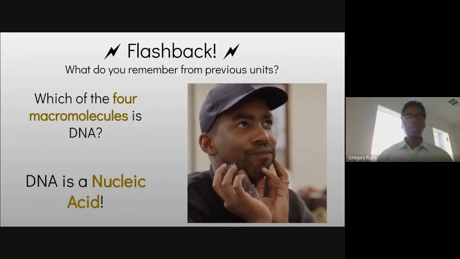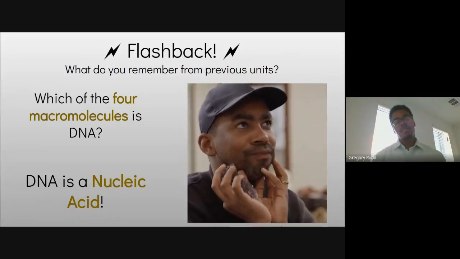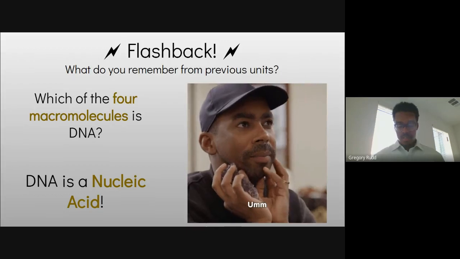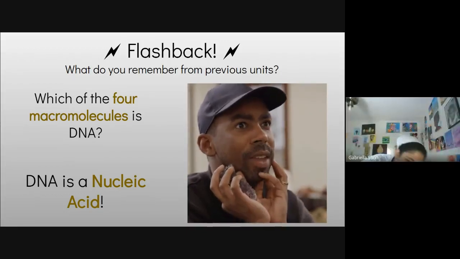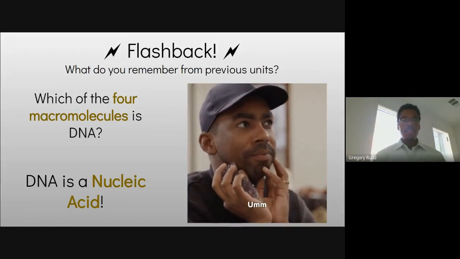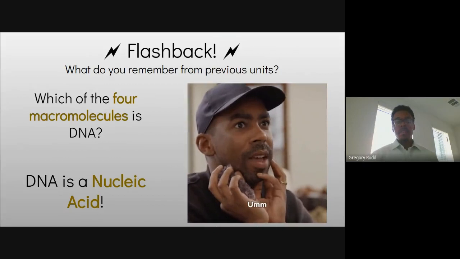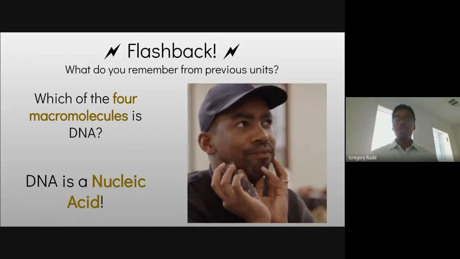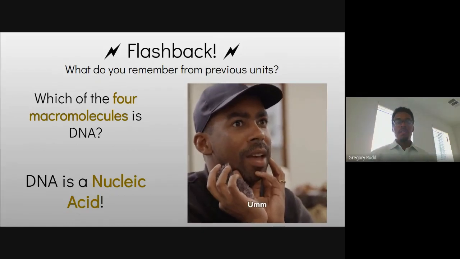And so just to push you a little bit further, what is the monomer of DNA in that case? Nucleotides. Good. So DNA is a nucleic acid, which means that it is made up of nucleotides, because nucleotides are the monomers of nucleic acids.